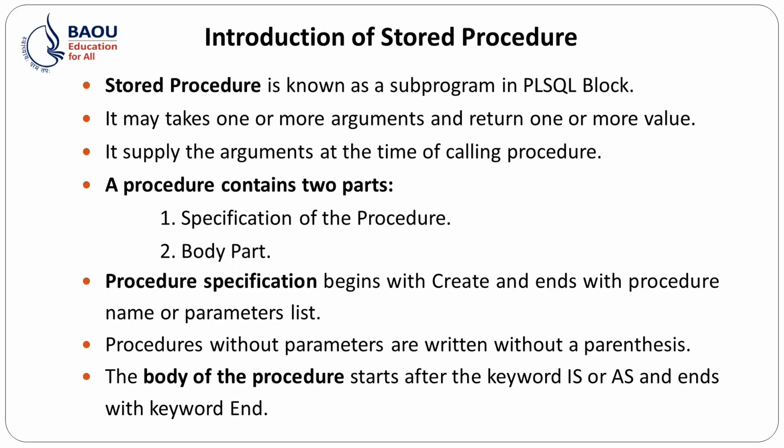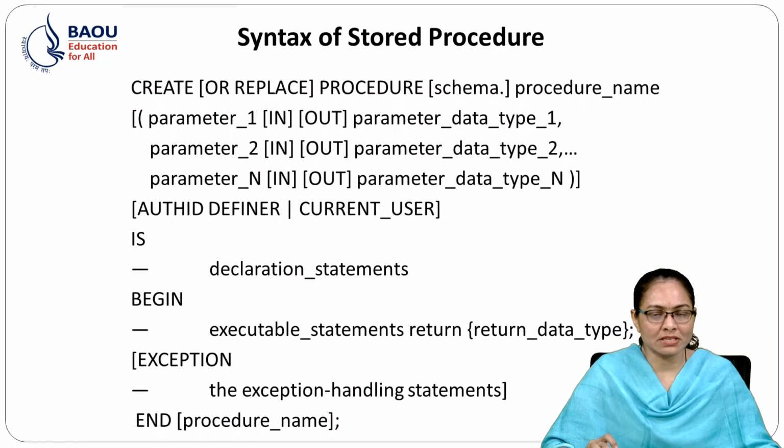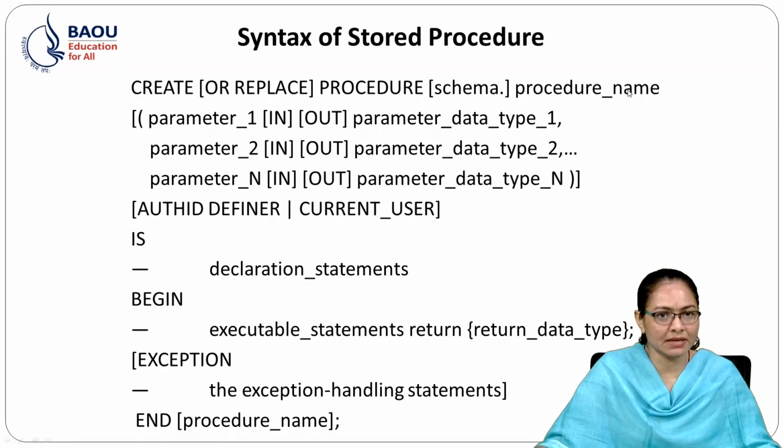See, try to understand with the syntax. The syntax of stored procedure and function is here. See, CREATE OR REPLACE PROCEDURE, then schema, then procedure name. In the bracket, after that, in the square bracket, opening and closing square bracket, the parameter is there.